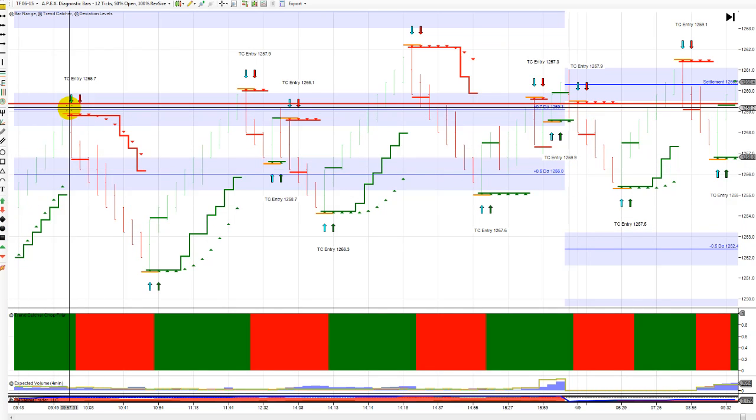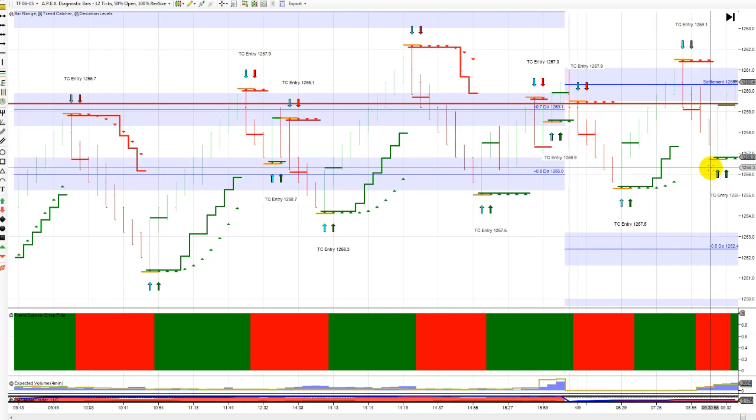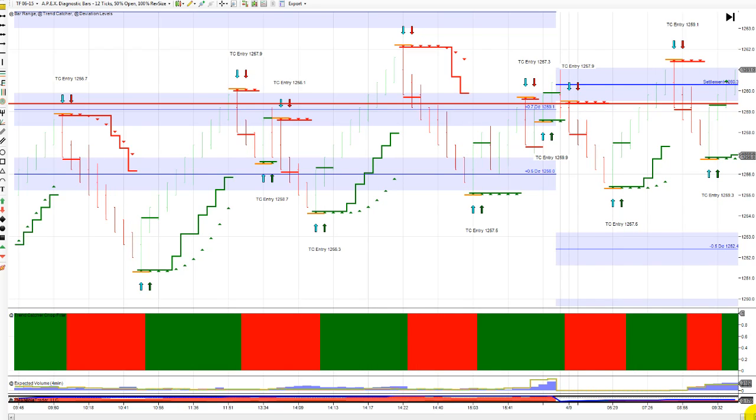See how it came up right to settlement? It came down, came right back up to settlement. That's called usually a gap trade, by the way. Anyway, so we'll just go with it without trying to get overly complex, okay?